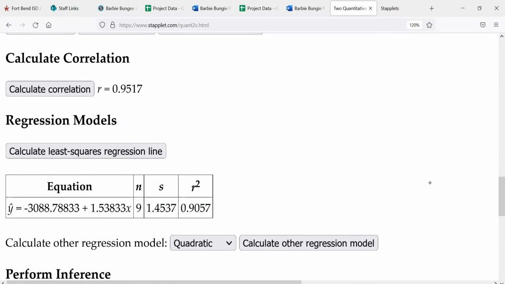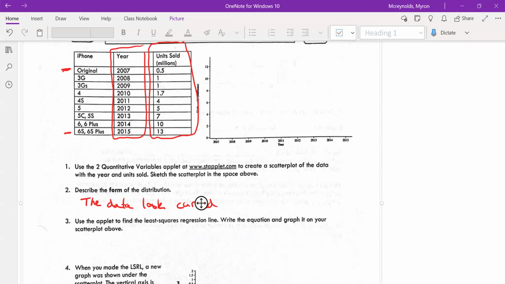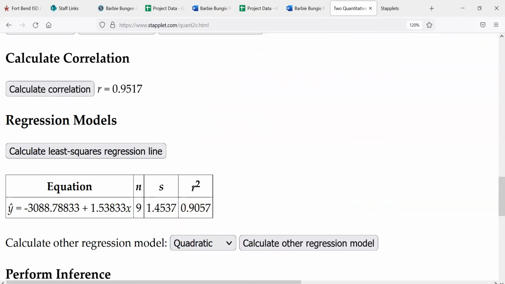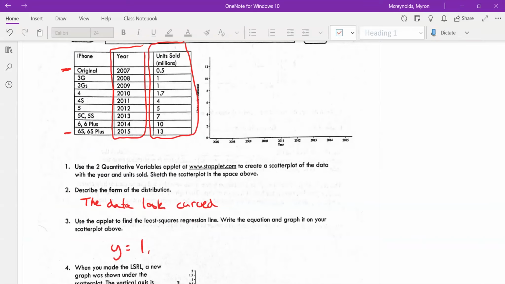Negative 3088.78 plus 1.53833x. So we're going to round that to 1.54x. So y equals 1.54x plus 3088.78.